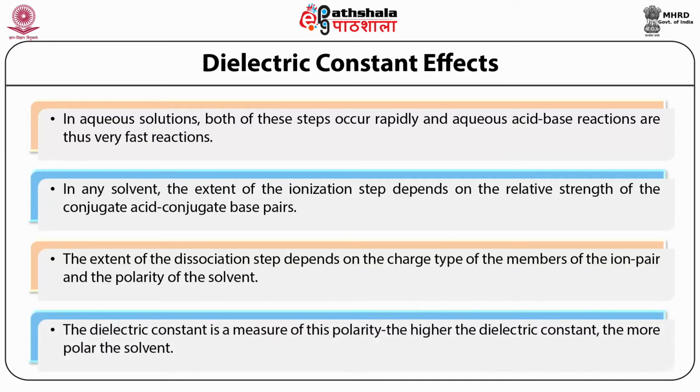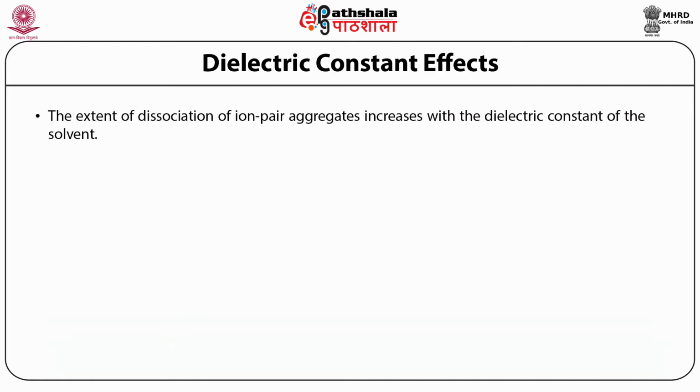The dielectric constant is a measure of this polarity. The higher the dielectric constant, the more polar the solvent. The extent of dissociation of ion pair aggregates increases with the dielectric constant of the solvent. Clearly, then, solvents with high dielectric constants are necessary for complete dissociation.